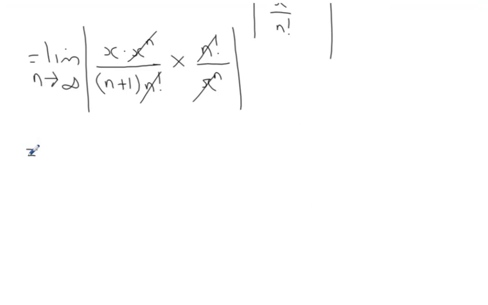So now, remember, it's the limit as n approaches infinity, so the x terms are not relevant. We can pull those out. So it's the absolute value of x times the limit as n approaches infinity of, if we just look at what's left, 1 over n plus 1.